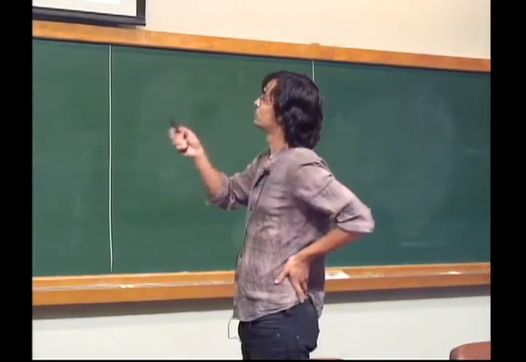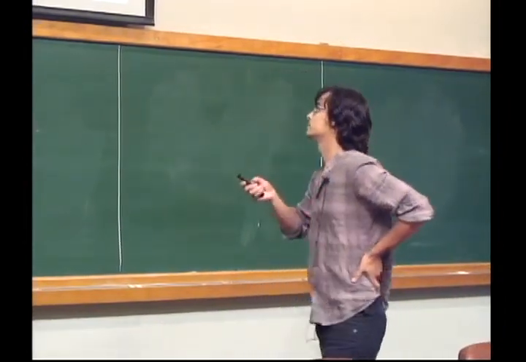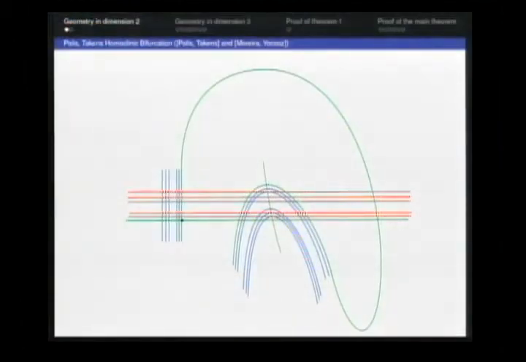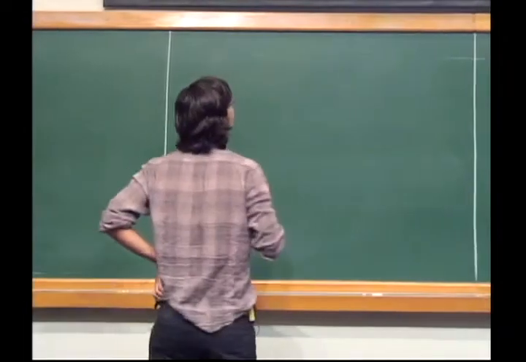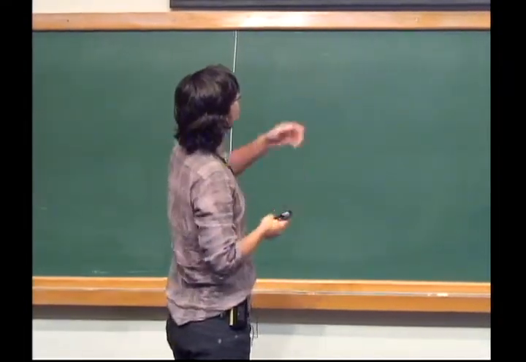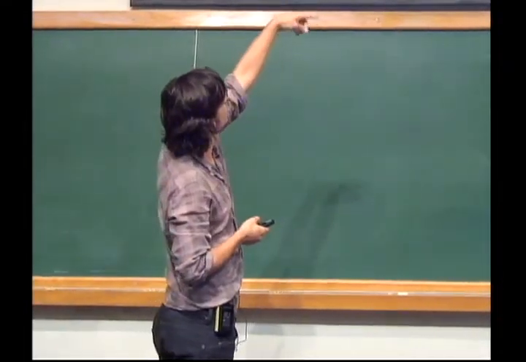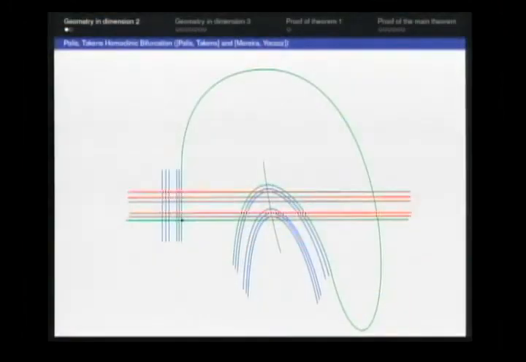So the red is the stable manifold of the horseshoe, and the blue is the unstable manifold. And you have the stable and unstable foliation there, and they give rise to this line of tangents between them.